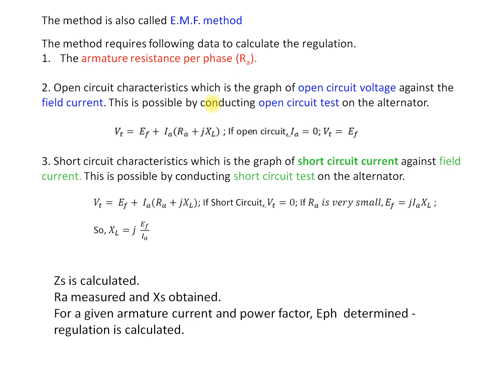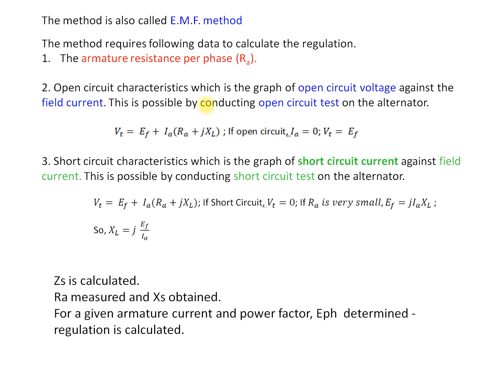At that time we will keep the terminals of the alternator open. Then we give some field current through the field circuit, increasing the IF value, and we will plot the generated voltage versus the field current graph. I will show it in the next slide.